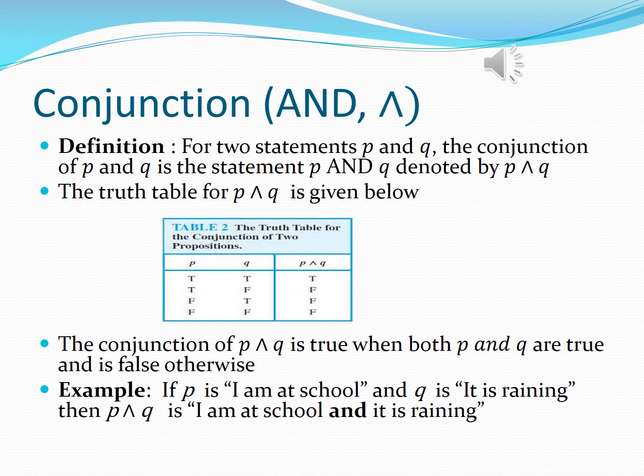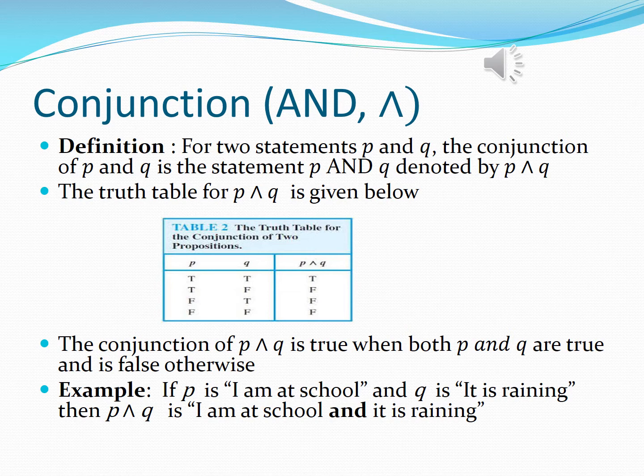Conjunction, and. Definition: For two statements P and Q, the conjunction of P and Q is the statement "P and Q," denoted by the symbol P ∧ Q. The truth table below shows the different combinations of P and Q. Please take a look at it.